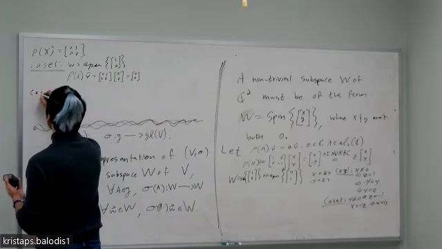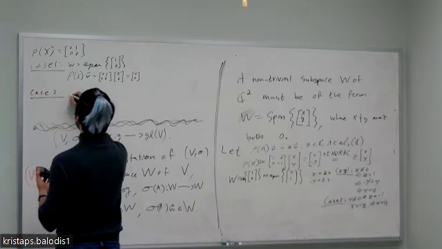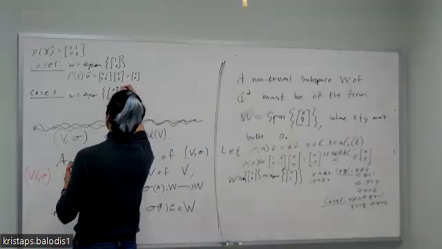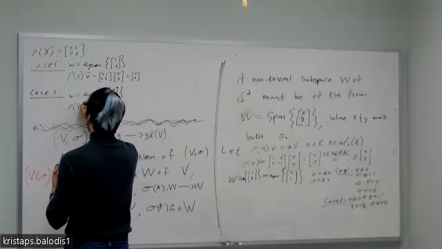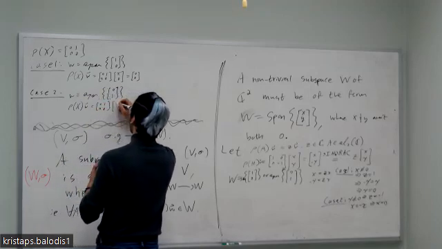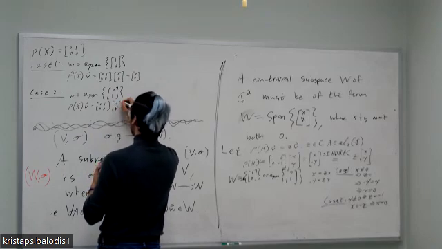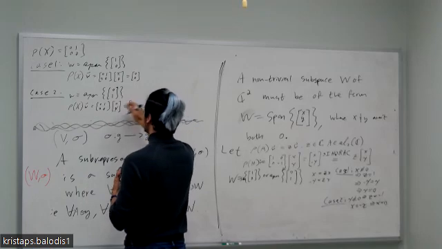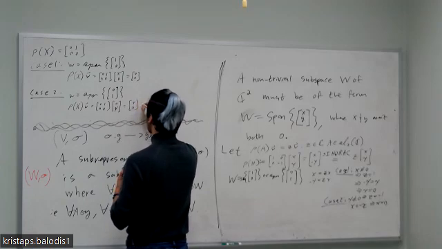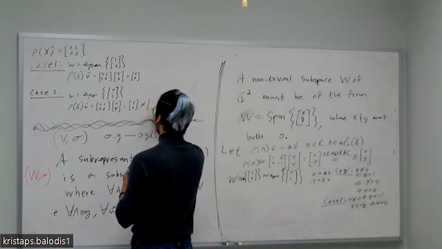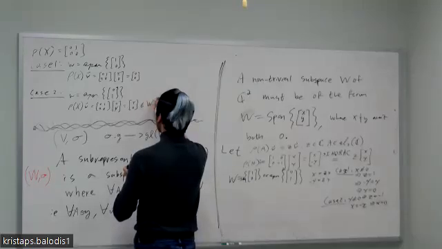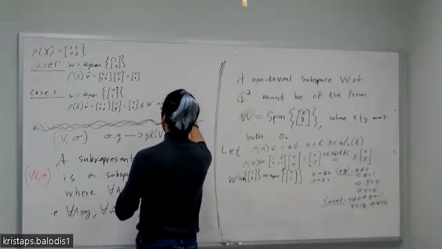Okay, case 2: W is equal to the span of (0,1). Rho of X applied to W is equal to (0,1; 0,0) applied to (0,Y), which is just (Y,0), which is not in W unless Y is equal to 0.